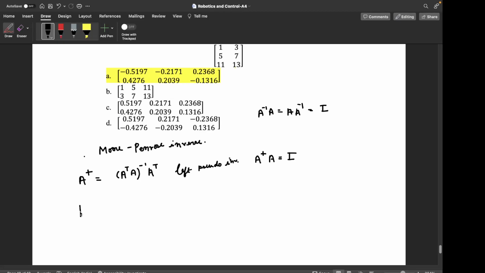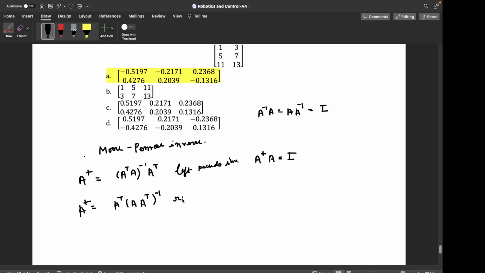And similarly, as you would expect, there is a right pseudo inverse also. It is defined in the opposite order: A^T (A A^T)^(-1).